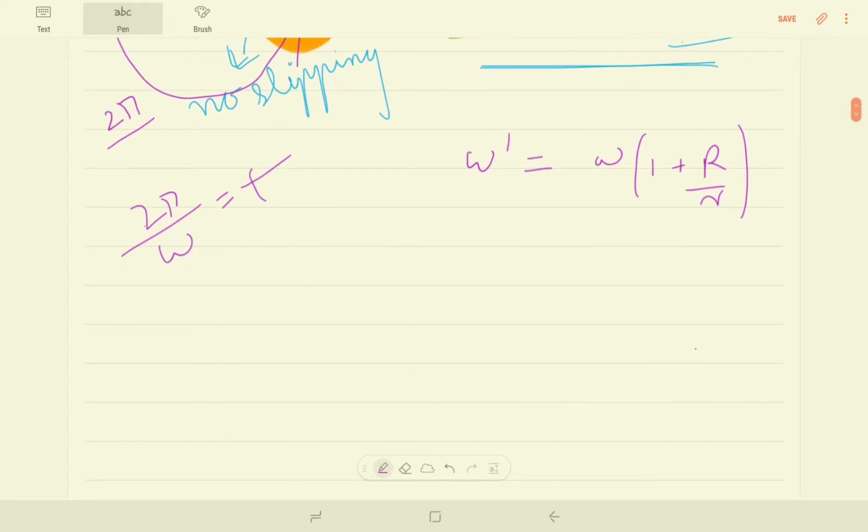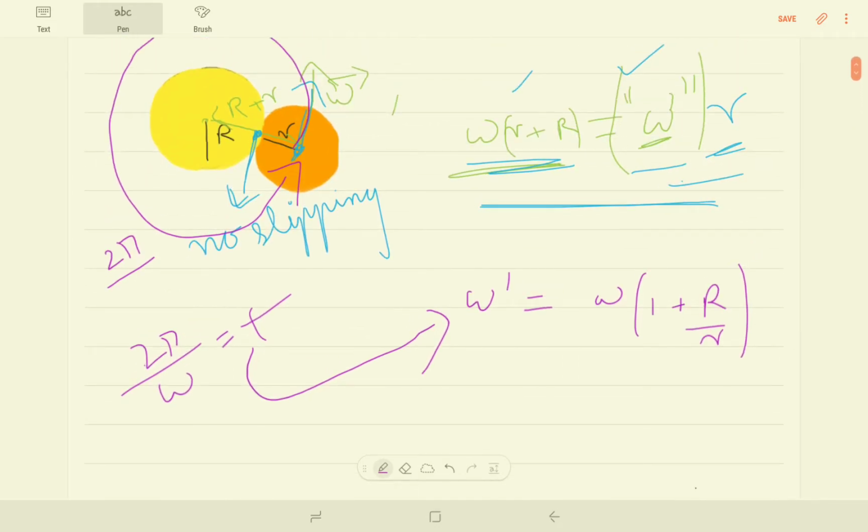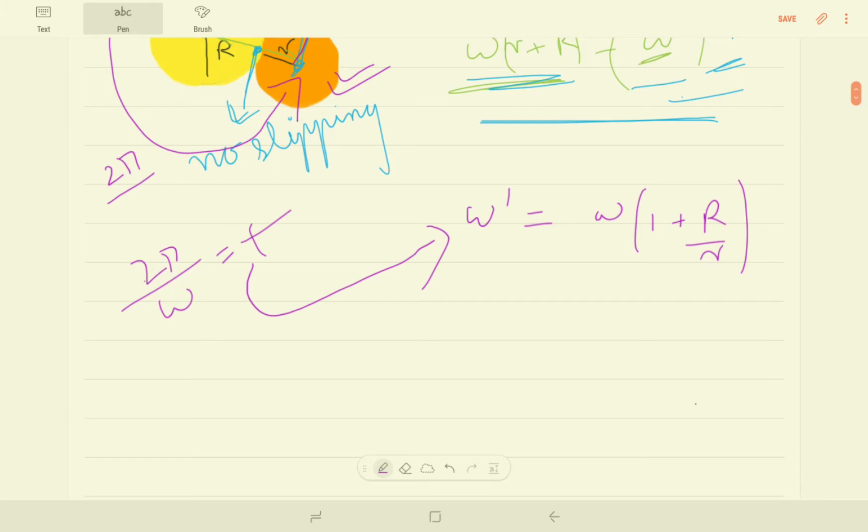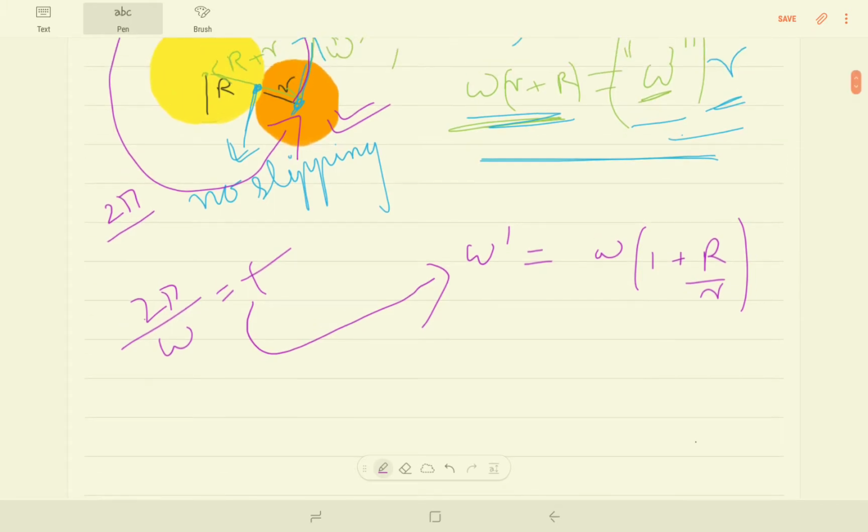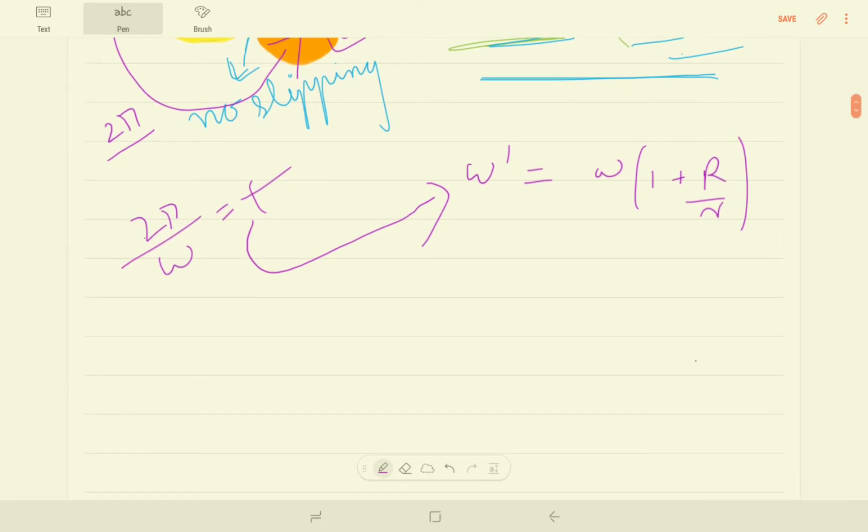When we multiply this in this equation, what we get is the angle that the smaller circle has turned about its own axis. When we do this computation, we get the angle it has turned as 2 pi into 1 plus capital R by r.